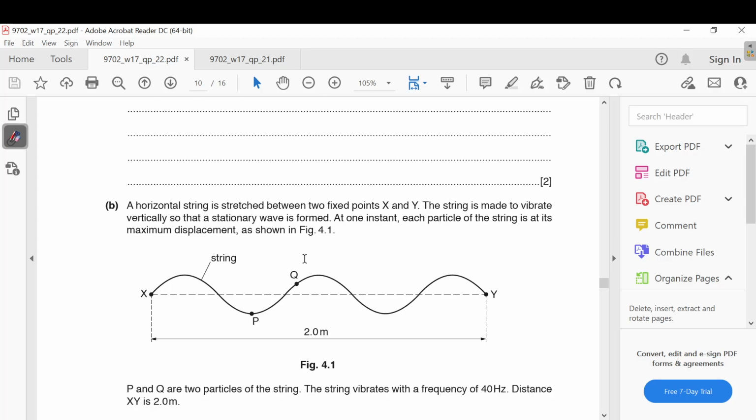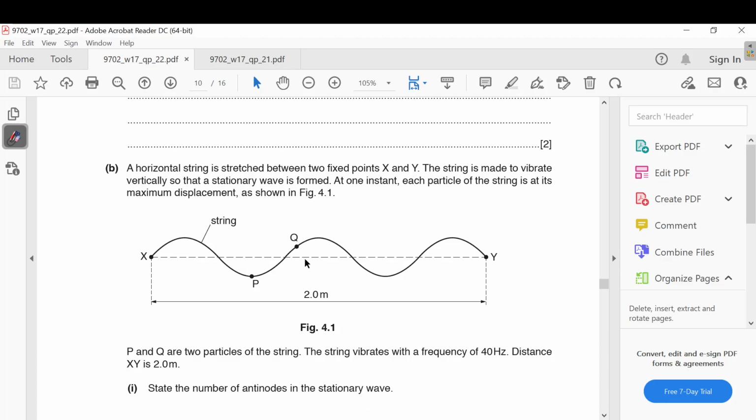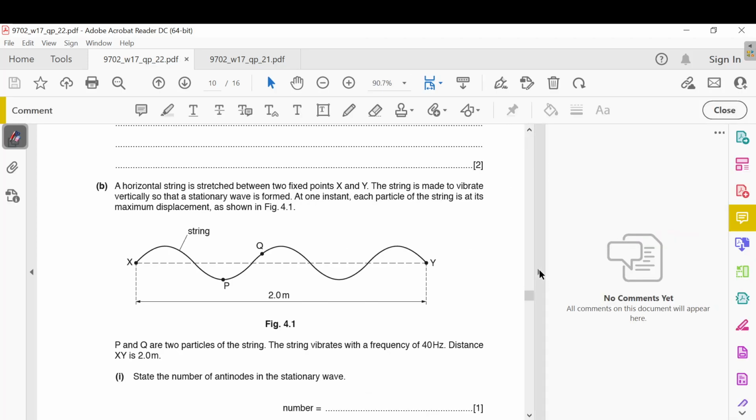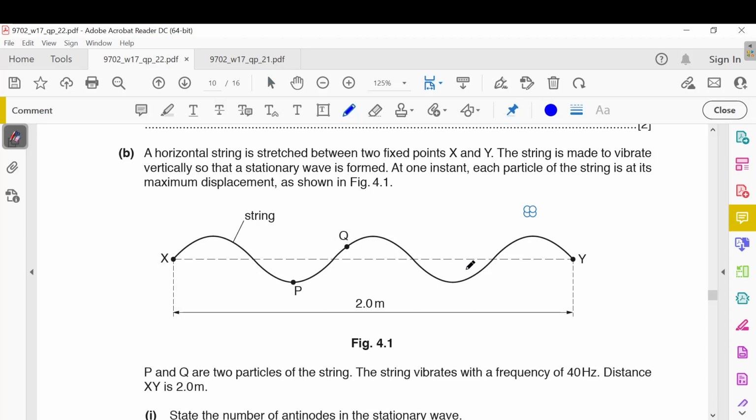Okay. You can say that one wave and one reflected wave can also meet and cause a stationary wave. The horizontal string between two fixed points X and Y is made to vibrate vertically so that a stationary wave is formed. Okay, once a stationary wave is formed, let me work on it and try to organize all my knowledge related to the diagram.